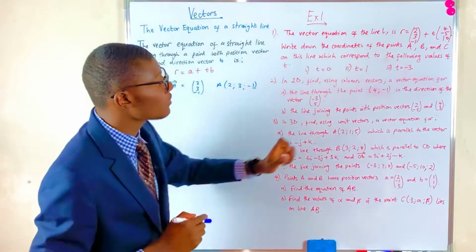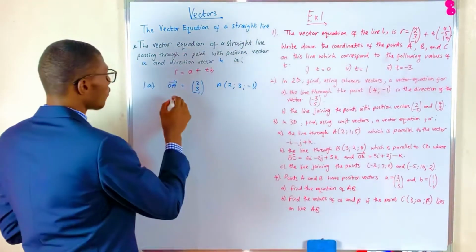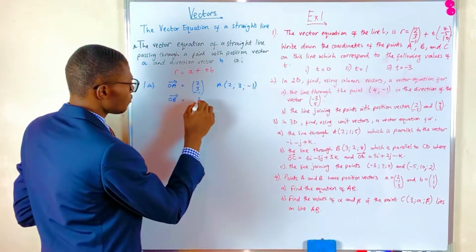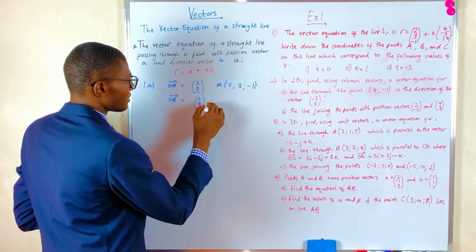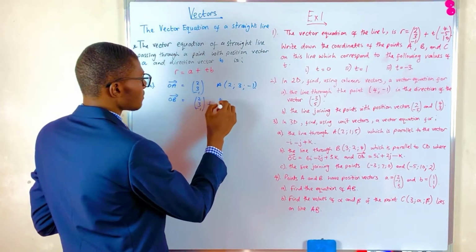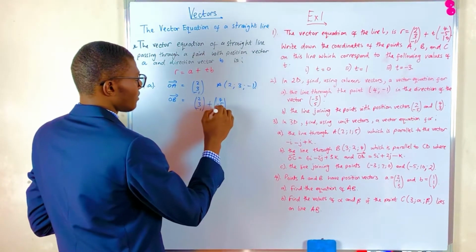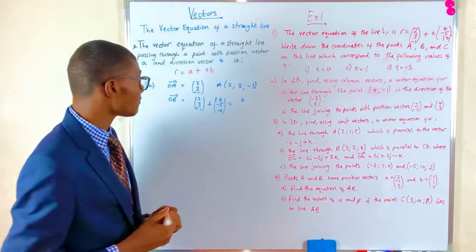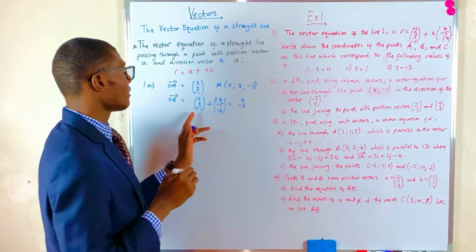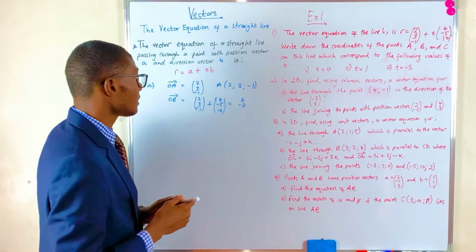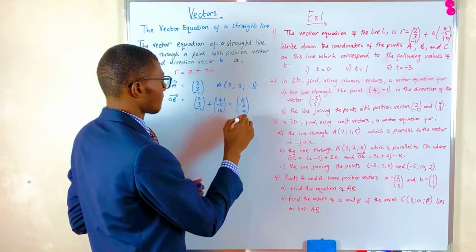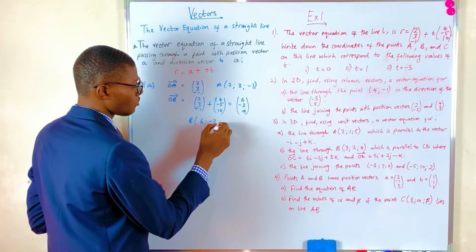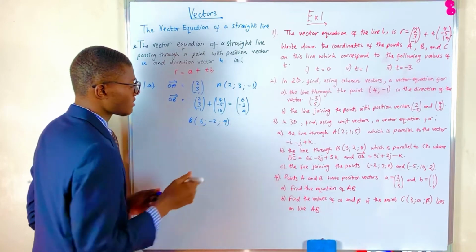And then when t is equal to 1, we need to find OB, the position vector of B. We're saying (2, 3, -1) plus, when t is equal to 1, we still have (4, -5, 10). Such that 2 plus 4, we get 6. And 3 minus 5, we get -2. Then -1 plus 10, we get 9. So point B would be (6, -2, 9). That's point B.